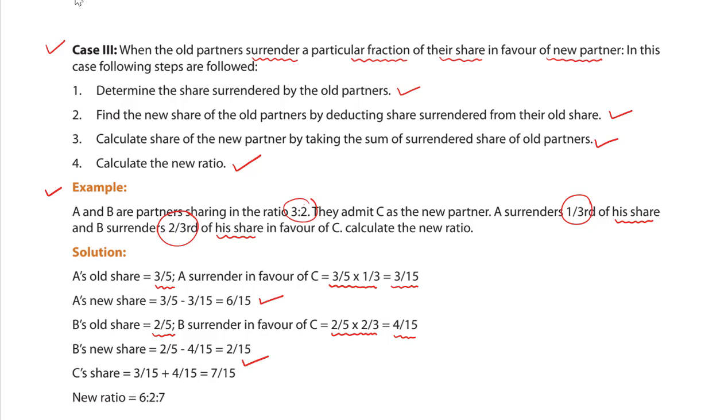C's share is 3/15 plus 4/15, that is 7/15. The new ratio is 6/15, 2/15 and 7/15, that is 6 is to 2 is to 7.